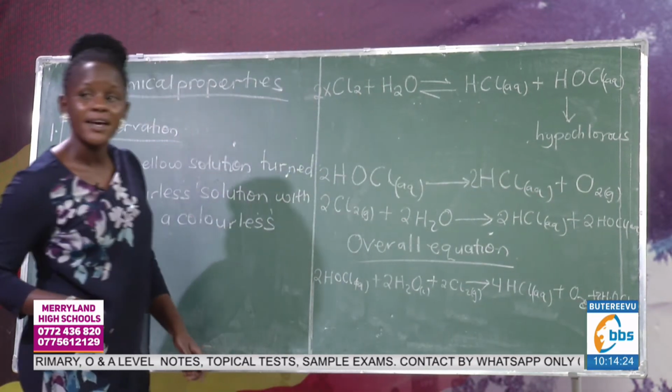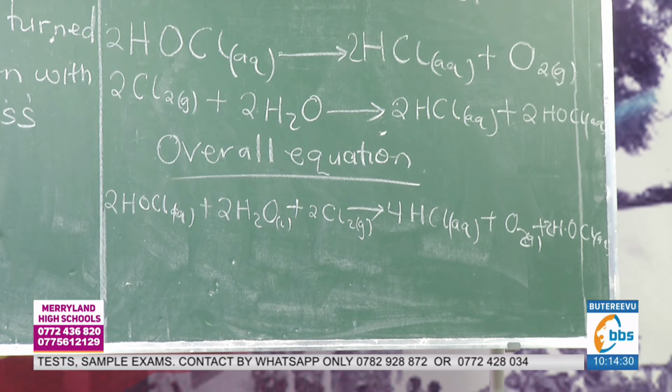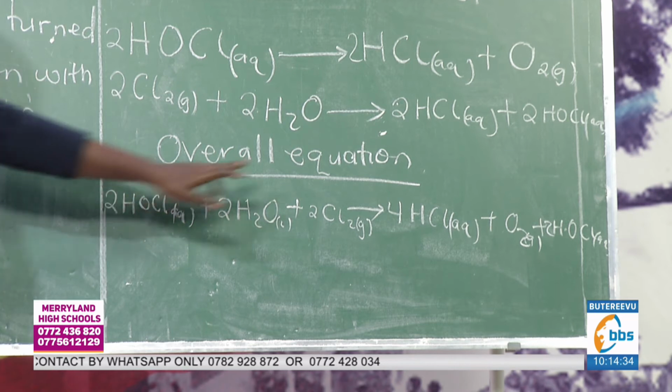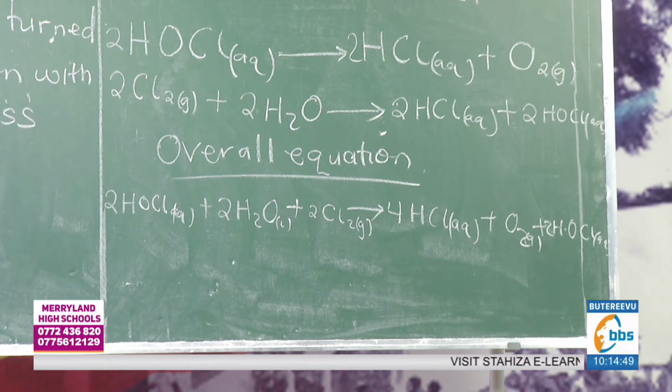But remember, in chemistry, if you are solving these equations, even from math, you have 2 moles of hypochlorous acid here, you also have 2 moles of hypochlorous acid on the other side. Therefore, they are going to cancel out, because as this one goes to the other side, it will acquire a negative sign. Therefore, the hypochlorous acid will be removed.